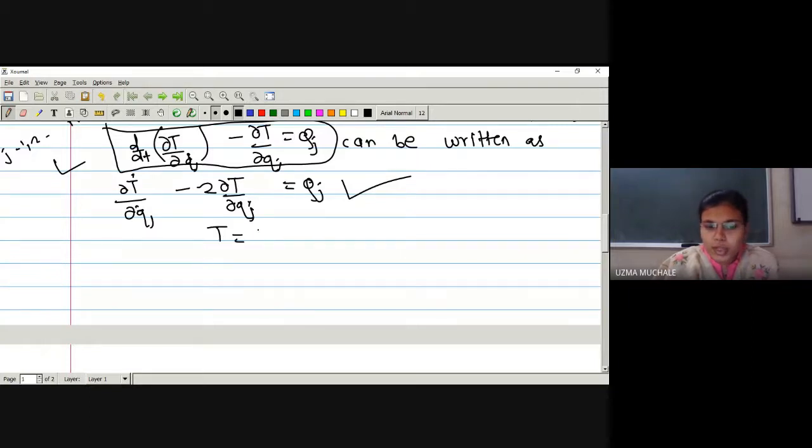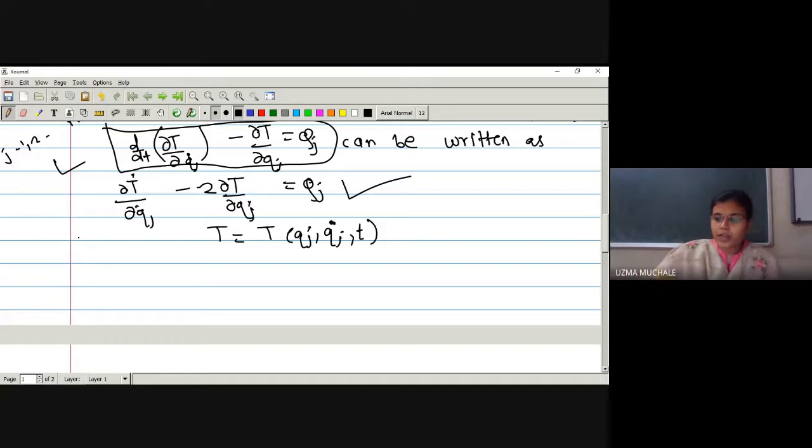T will be in terms of qj, q̇j and t, that is, generalized coordinate, generalized velocity and time. The total kinetic energy T is a function of these three.